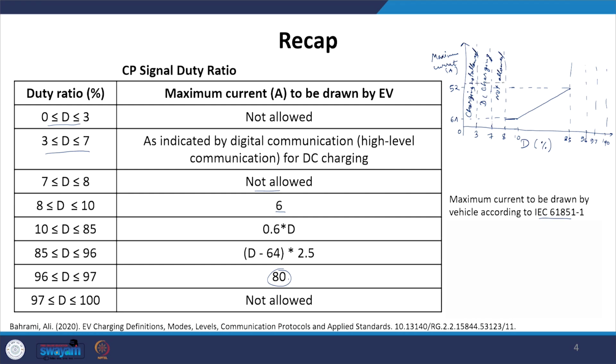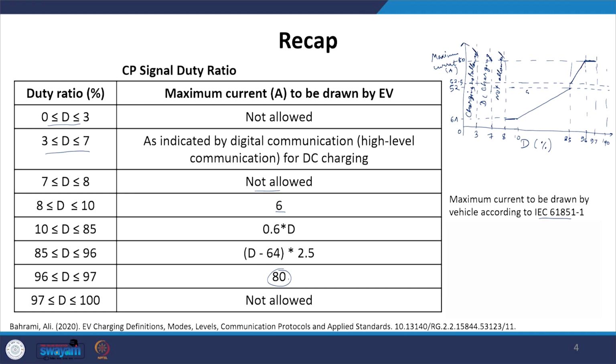So there you will have some non-operational zone which starts from 52.5, and then again it goes linearly, and beyond this point till it reaches 80. This is the 80 ampere, after which it settles down.